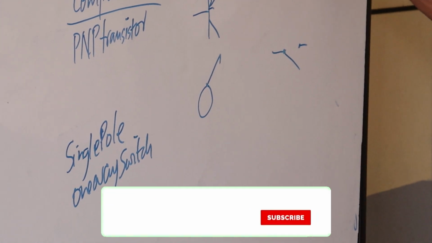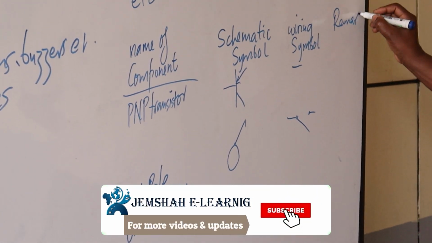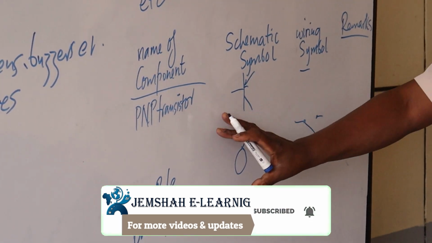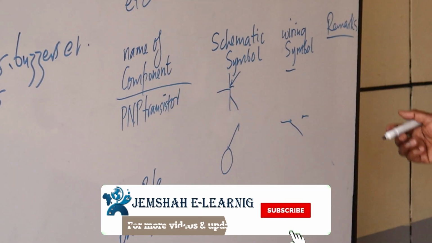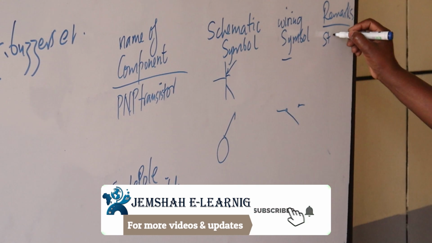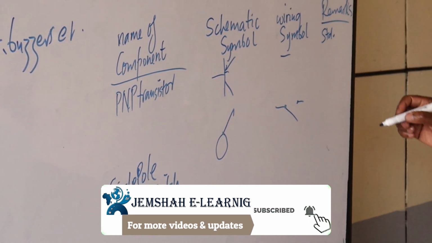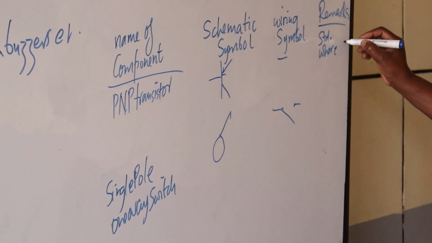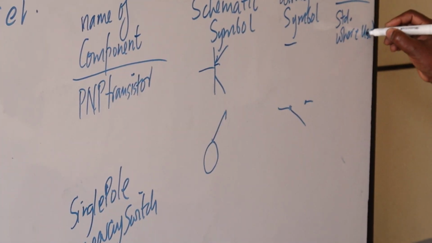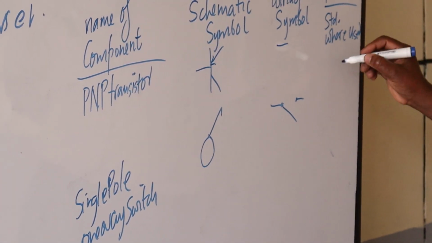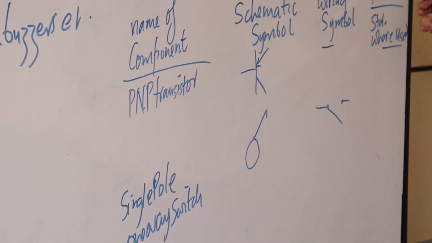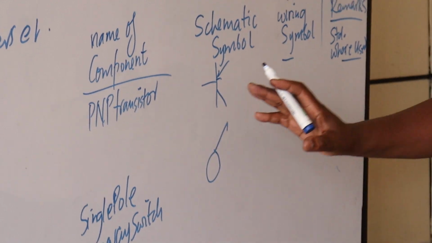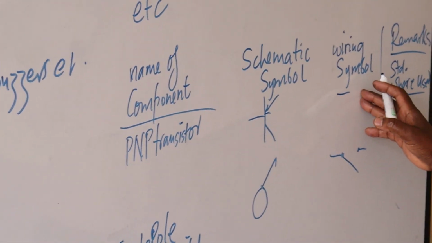And then you have a remarks column. In a remarks column, maybe indicate, if you can recall, maybe the standard or where used. Now this one is more or less for your own information, but these 3, they are very important when you are doing your drawings.